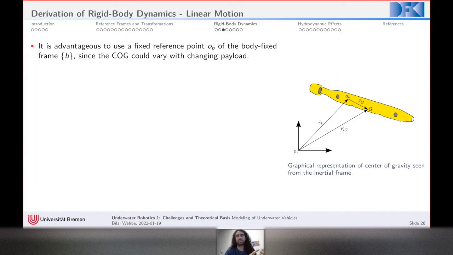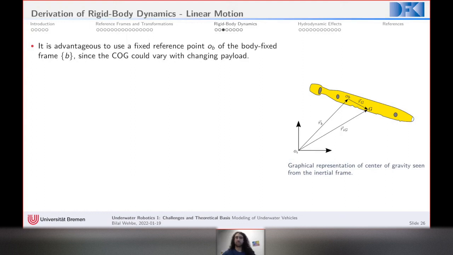That could be either because of some payload that has been changed, or usually we design underwater robots so that the center of gravity is placed a little bit lower in the body, so we shift it a little bit down to keep some stability. And sometimes it's also easier to model the hydrodynamic forces with respect to the geometric center of the body rather than the center of gravity.